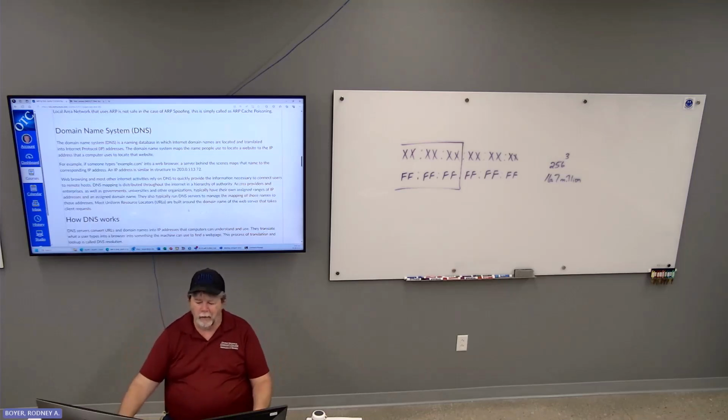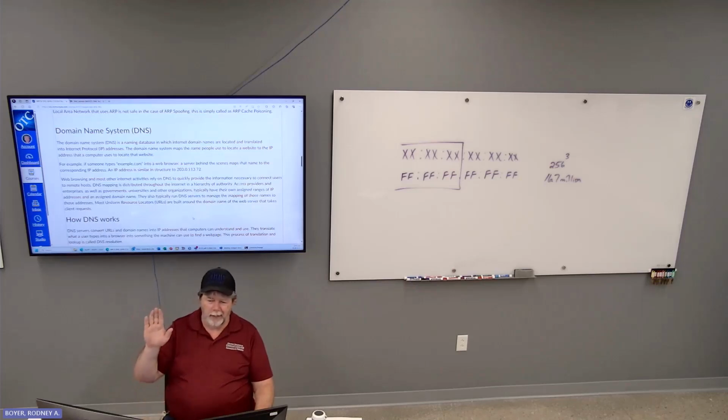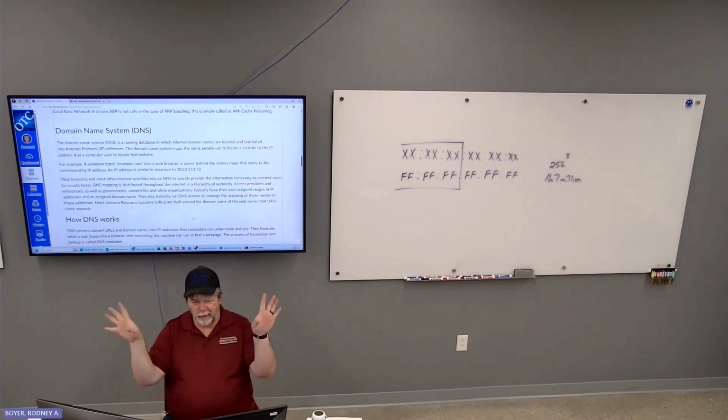Most of the time, you're going to be talking to what is known as a non-authoritative server, because it's not the one that says this is what the IP address is. The authoritative name server is the one that says, I am the one that has the registration for this domain name, and here's the IP address, and then it tells everybody else.